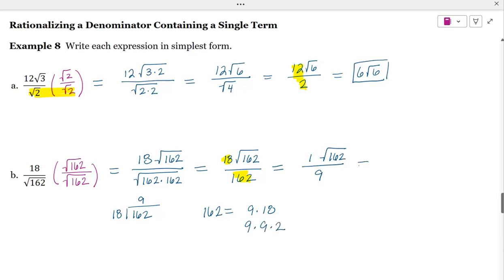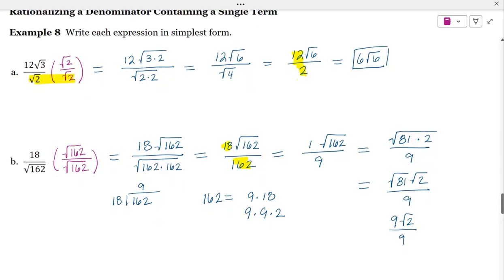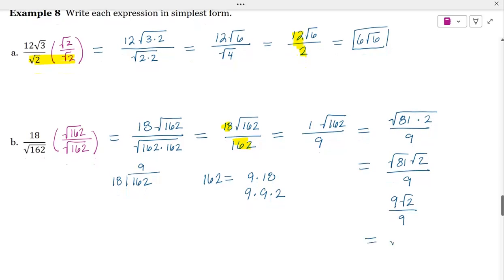I can simplify that to be, I'm going to ignore that 1 that's sitting in the front there. Looks like this is the square root of 81 times 2, or the square root of 81 times the square root of 2. Looks like we've got 9 root 2 over 9, which is just the square root of 2.